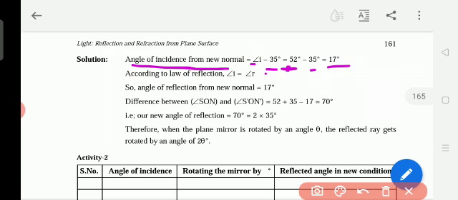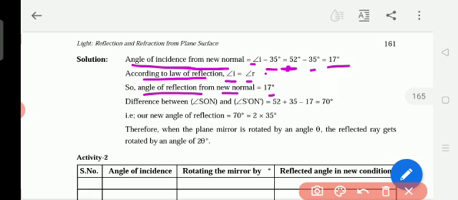17 degree. So according to the first law of reflection, angle of incident is equal to the angle of reflection. So angle of reflection from the new normal is 17 degree.